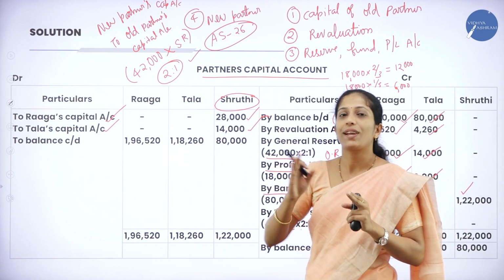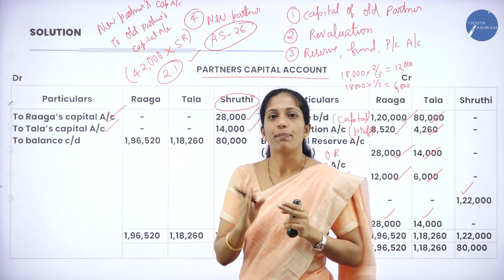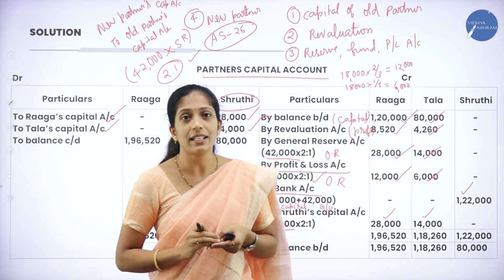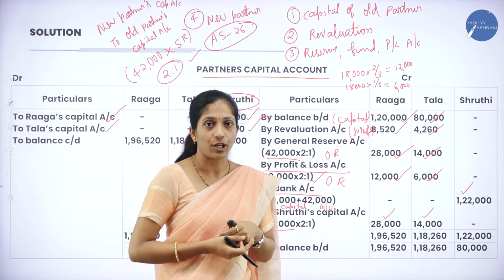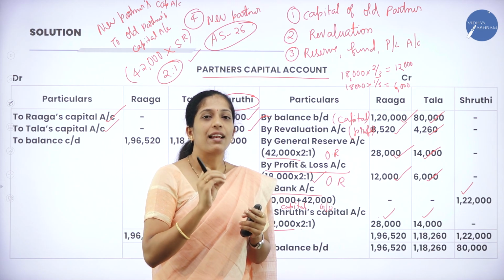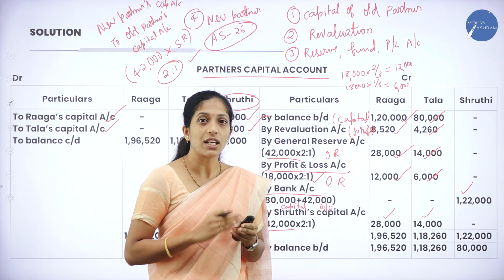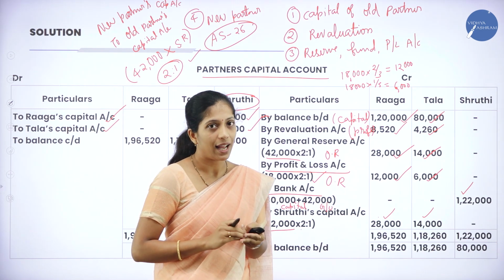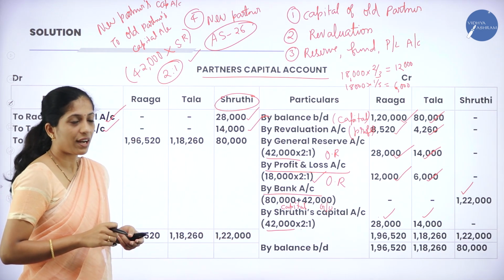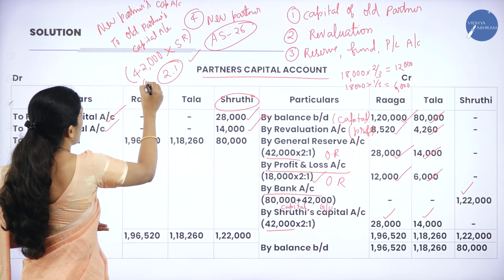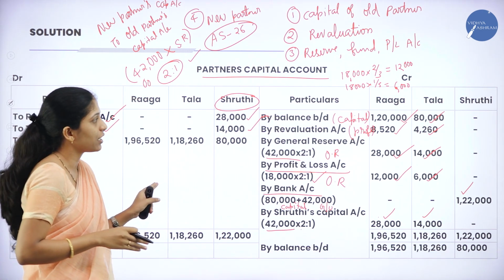Now what you have to do, we have to balance both sides and the balancing figure has to be carried down from the partners' capital account because the business is going to continue. So this amount, the balancing figure, will be recorded in the balance sheet. So we have to carry down that amount. Now how to calculate? If you calculate the amount of Raga, here Raga's amount on the debit side is 0.